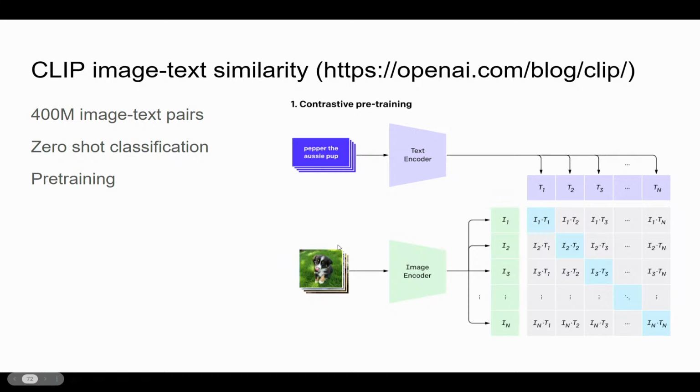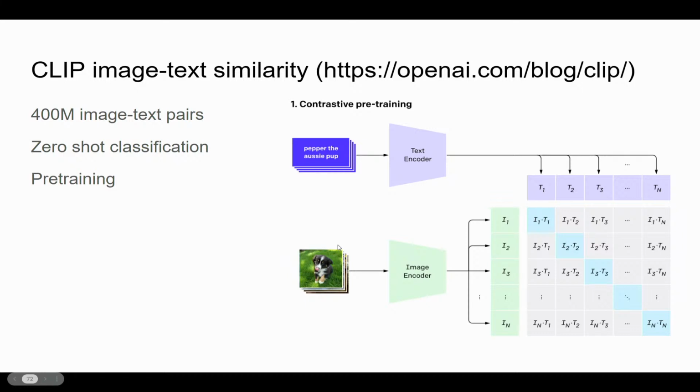You do the same with an image. I take this puppy, run it through some convolutional network or transformer, it doesn't matter. It just produces a vector representing that image. I do that for a large batch of text and images, and then I do contrastive learning.